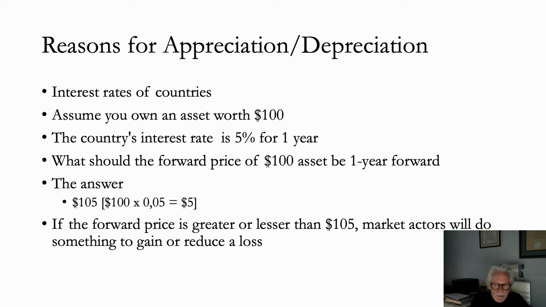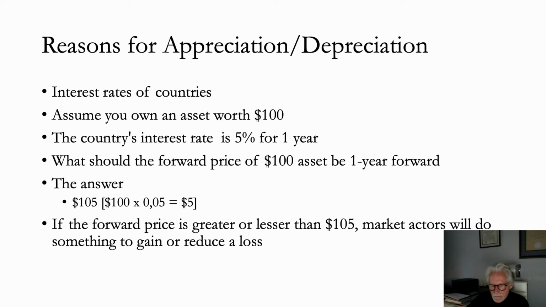But what's the more interesting question? The more interesting question is, what causes these movements in exchange rate differences? Why, for example, as we've seen in the hypotheticals, would the Australian dollar appreciate? Why would the Australian dollar depreciate against the US dollar? This is the more fascinating question. The forward contract is a simple mechanism.